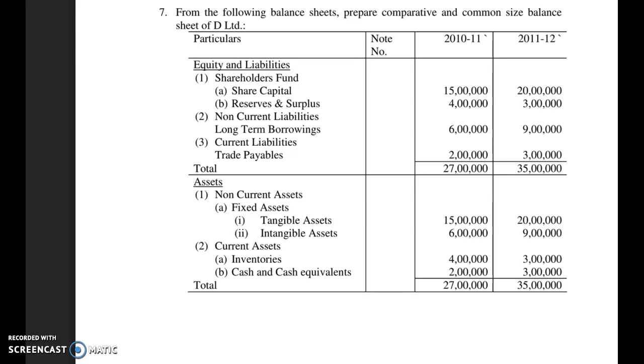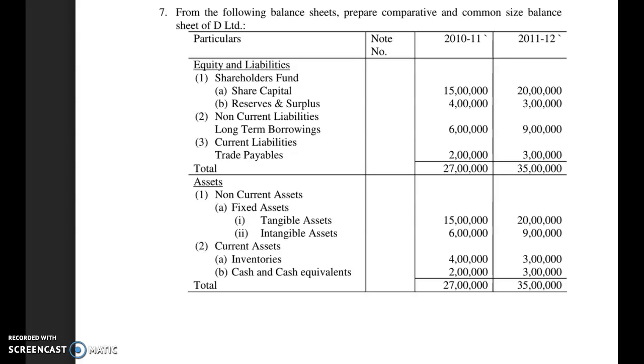So a very important question arises, how to make comparative financial statements. First of all, I will share with you how to prepare the comparative balance sheet or comparative position statement, as it is a static statement. Preparation of a comparative balance sheet or a comparative profit and loss account is very easy.